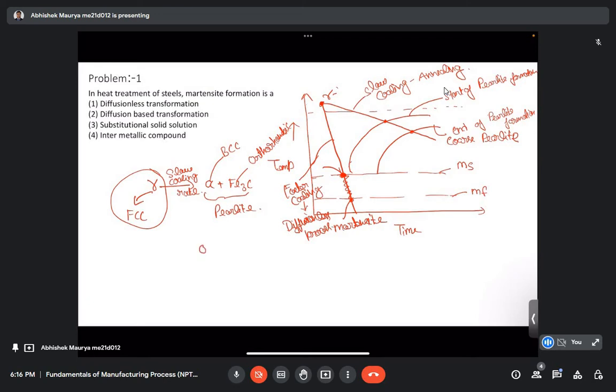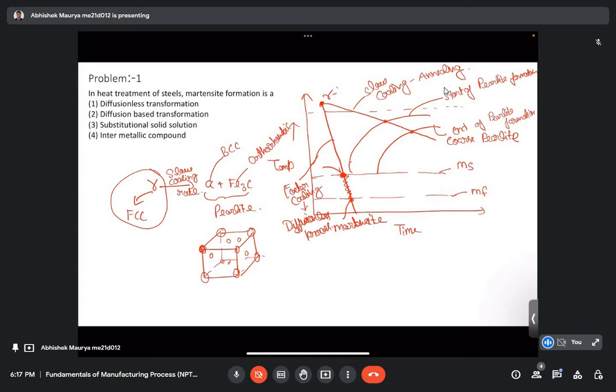Suppose we have some crystal structure like this. Some atoms are present on the faces.